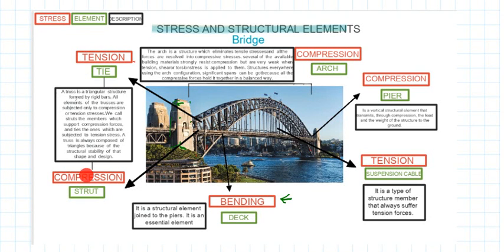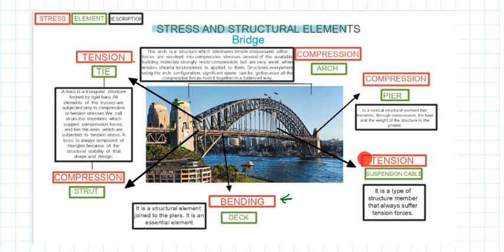Tension, the compression here, okay, bending and tension also, and compression here. So this compression is applied to the arc. This compression is also here in this part of the arc.